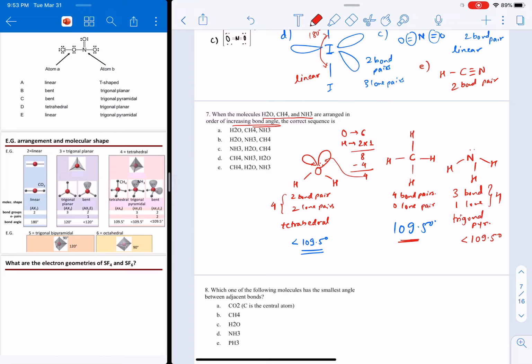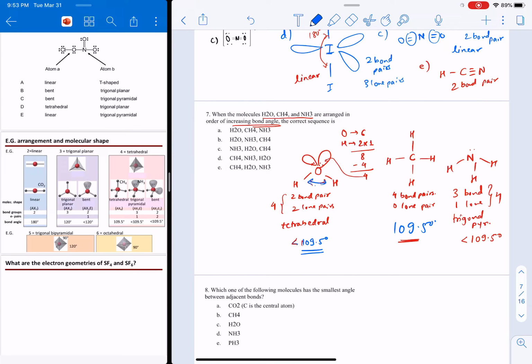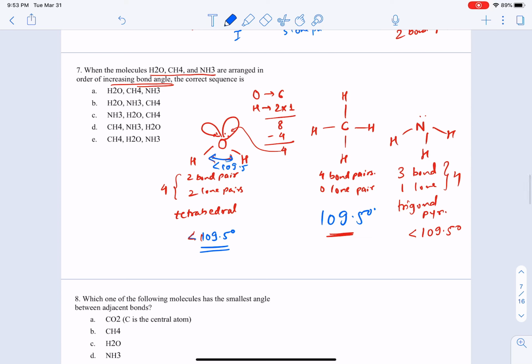But what is asked in this is, when the molecules are arranged in order of increasing bond angle, the correct sequence is. But if you have something as less than 109 between these pairs, the angle is less than 109.5. Okay, but if this decreases, this angle definitely increases because that gives more room for the lone pair.